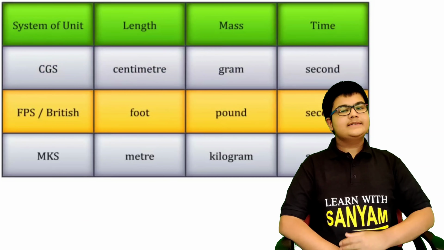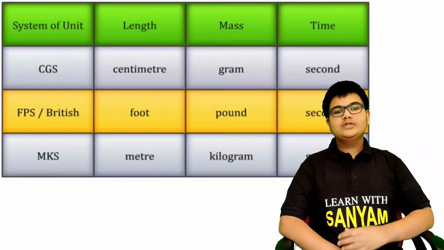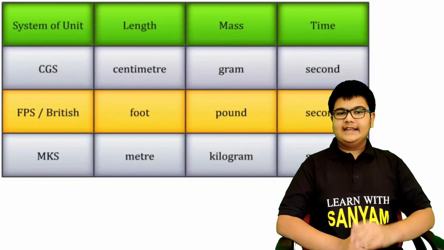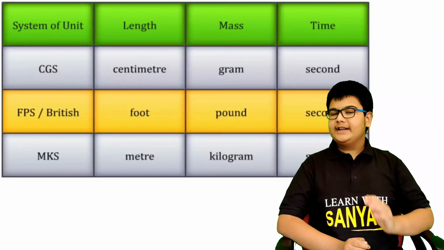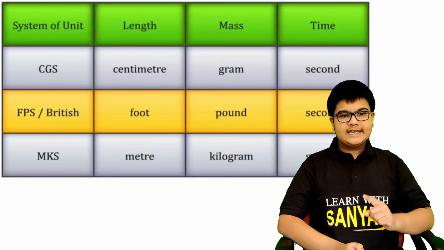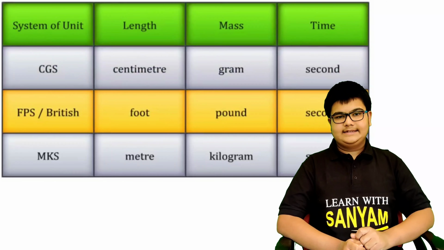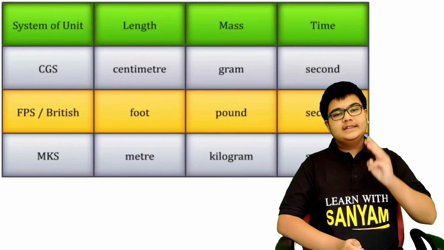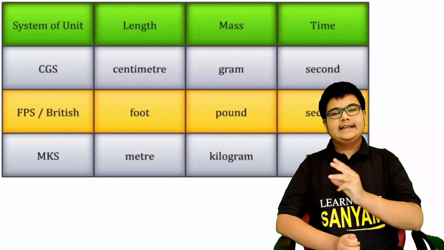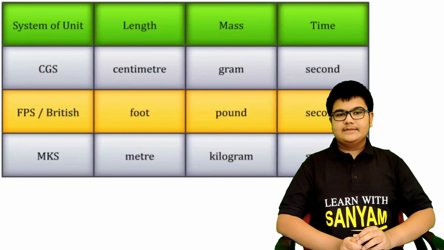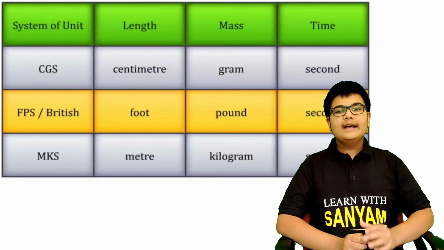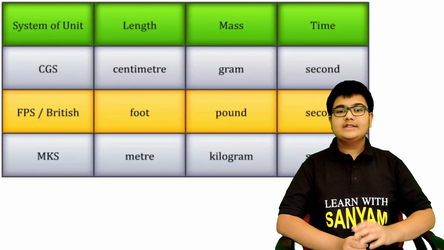In earlier times, the scientists of different countries used different systems of units for measurement. Till recently, 3 major systems of units were in use. So let's discuss them. The systems of units were CGS, FPS and MKS, and they were based on the 3 base quantities, that are length, mass and time. In the CGS system, the standard unit for length was centimeter, for mass was gram and for time was second.